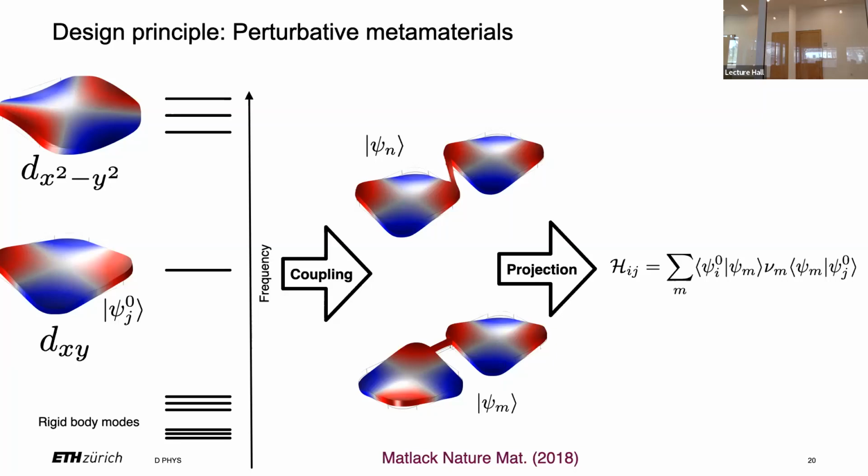And now I can ask myself, if I build such a link here, such a bridge, what is going to be the combined mode? I know I have a bonding and anti-bonding mode, and from how much they shift, I know the strength of this coupling. And I can actually get two signs of the hopping strength.